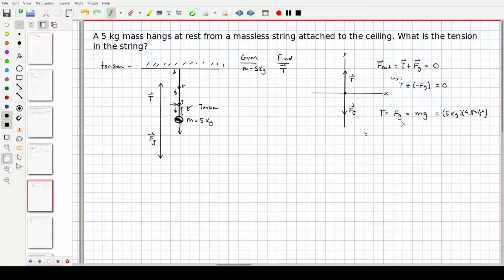Now, when you do this, you get 49 newtons. Keeping to the number of significant digits that we have, that's 50.